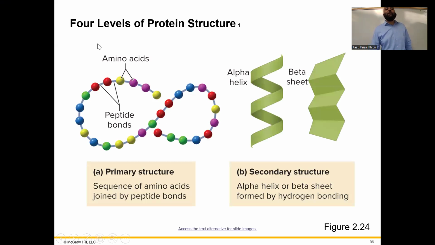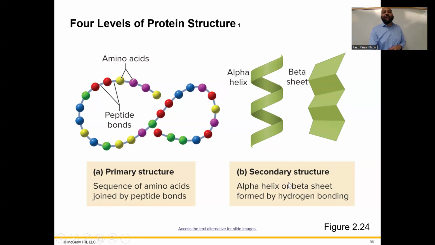So there are four levels of protein structure. There's the primary structure, and you see these figures are really nice because these little beads, yellow, purple, purple, yellow, represent amino acids. So these amino acids connected together give us a primary structure, a sequence of amino acids joined together by peptide bonds.